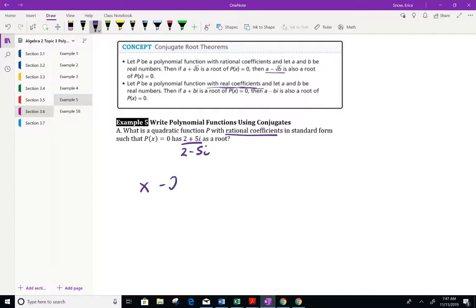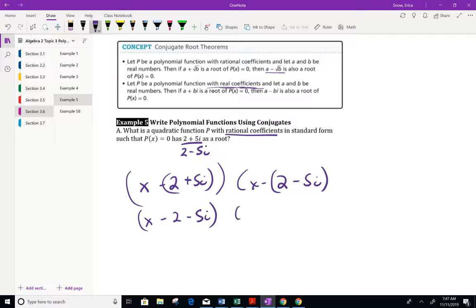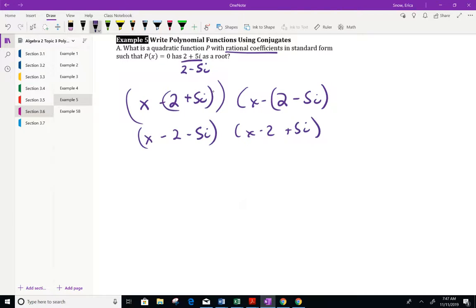So we're going to do x minus 2 plus 5i and x minus 2 minus 5i. And then we're going to do our multiplication here.